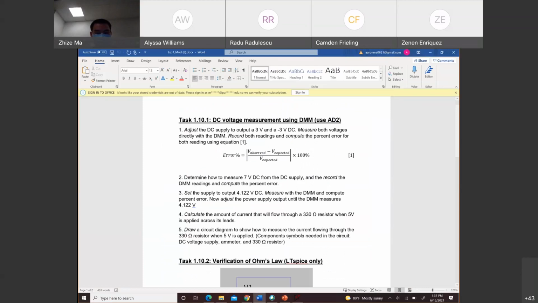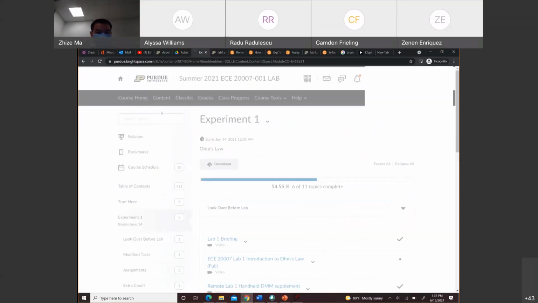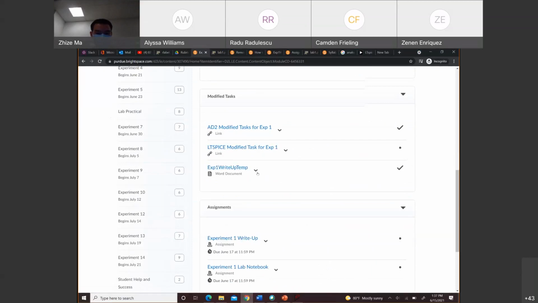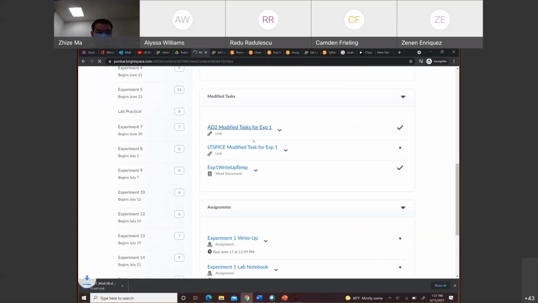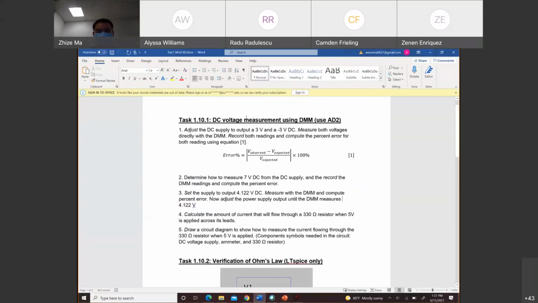Okay, so let's go to the tasks. You can find the tasks in experiment 1. If you click on the AD2 modified tasks, you should have this document. For today, you have 3 tasks.